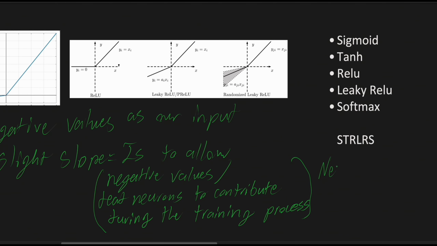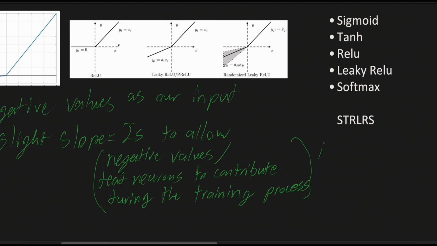So all neurons have a gradient flow through them.